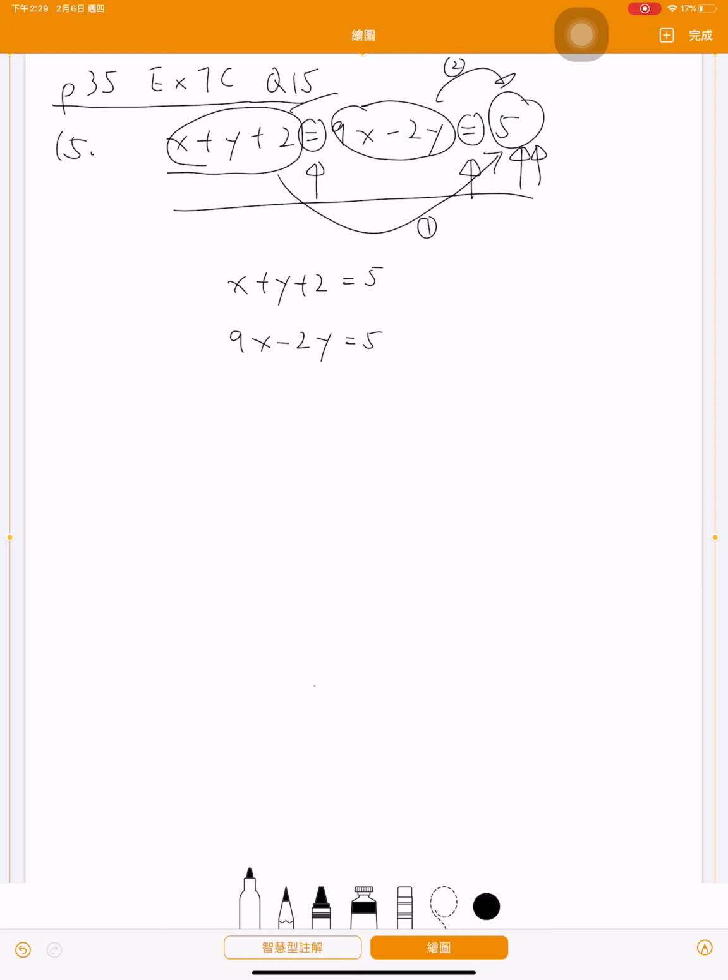If you use the first two, x + y + 2 = 9x - 2y, this will be more complicated, right? So I will only use these two, because with two equations we can solve the two unknowns. To solve two unknowns, two equations is already okay.